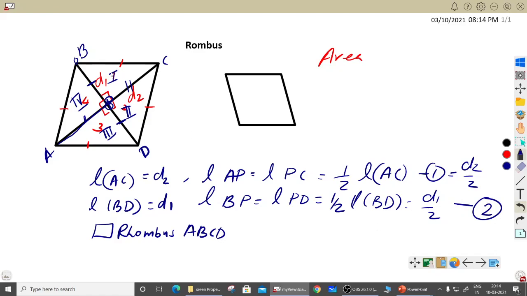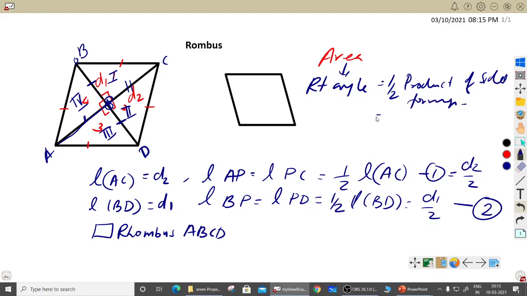Now we can see four triangles. In those four triangles, the area of a right angled triangle is equal to half into the product of the sides forming the right angle. Correct? So here, in every triangle you have D2 upon 2 as one side and D1 upon 2 as the other side.